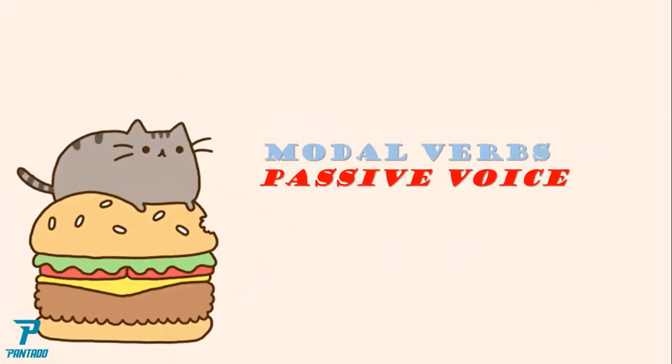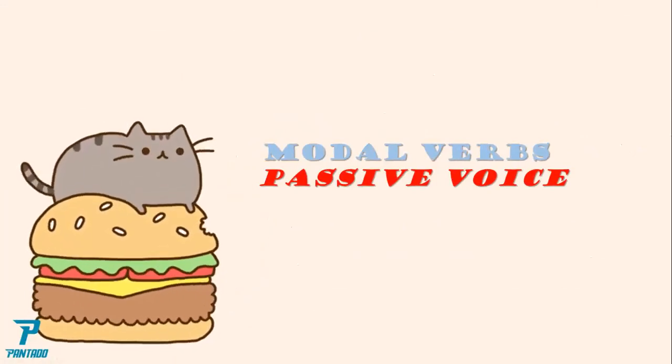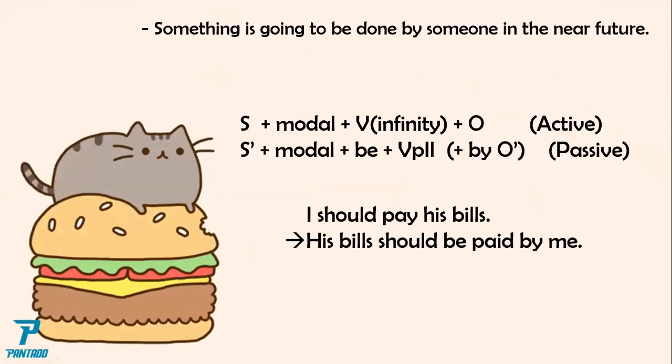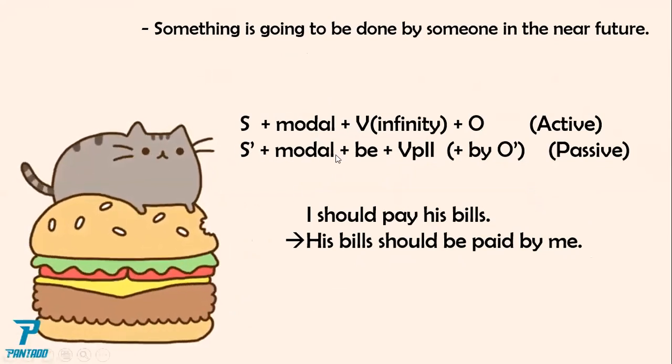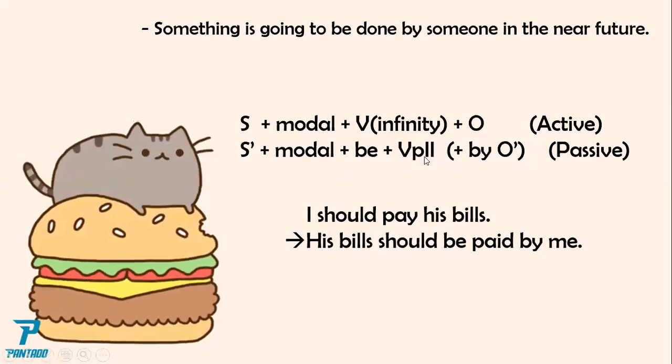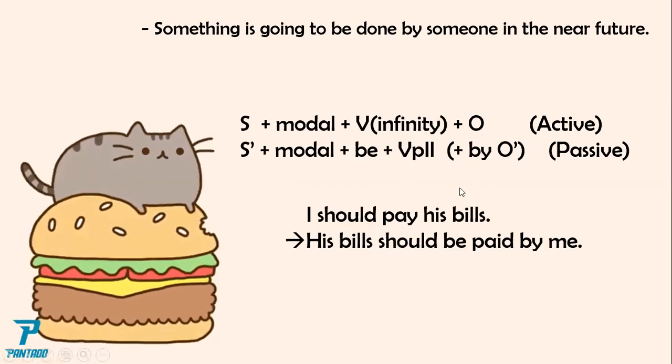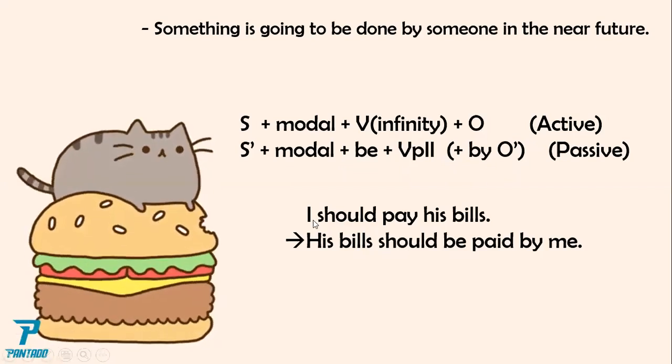All right, now modal verbs. Modal verbs here in the passive form like subject, modal verb, and then be verb in the passive form by an object. For example, I should pay his bills.